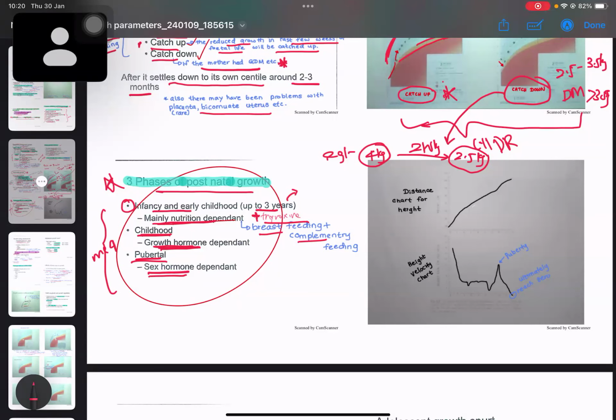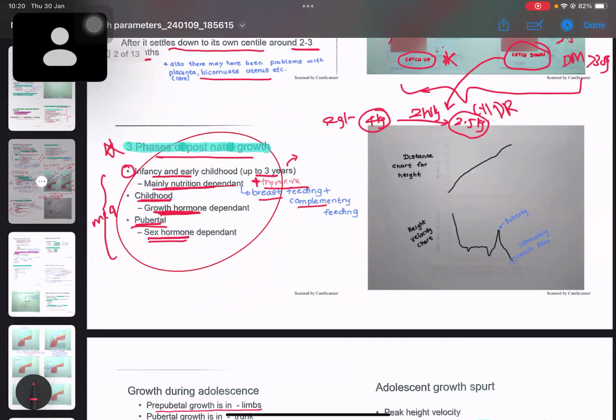This is a false statement, because the growth hormone dependent growth happens during childhood. Sex hormone dependent growth will happen during puberty, and nutrition and thyroxine dependent growth will happen during infancy and early childhood. This is the most important area you should know.